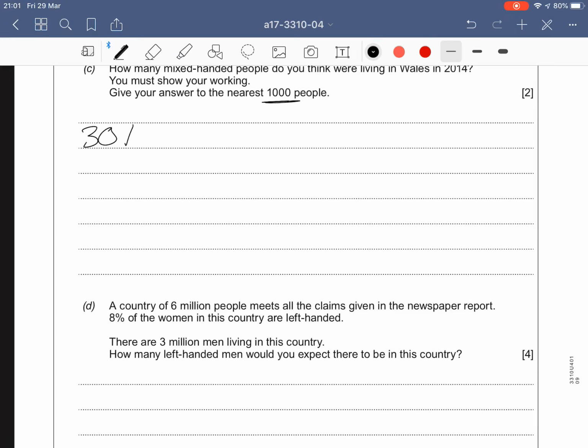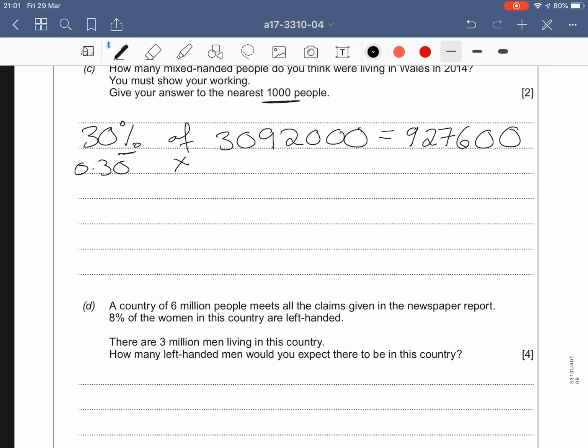So on your calculator, percentage button, or if you don't know how to do that, do 0.30 times it and you get 927,600. We want that correct to the nearest 1,000, so that cuts it here. So we've got 928,000.